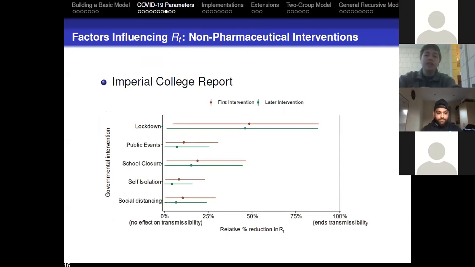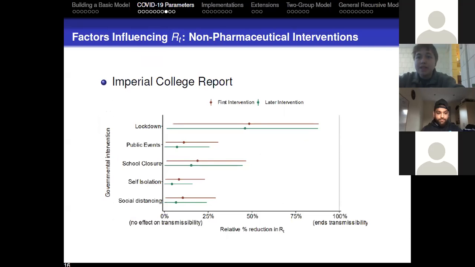And so this is just looking at some other non-pharmaceutical interventions and how they impact RT, and this divides it into whether this is the first intervention that's put into place by a community versus a later intervention.